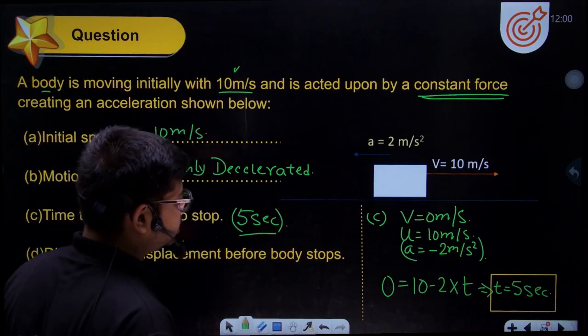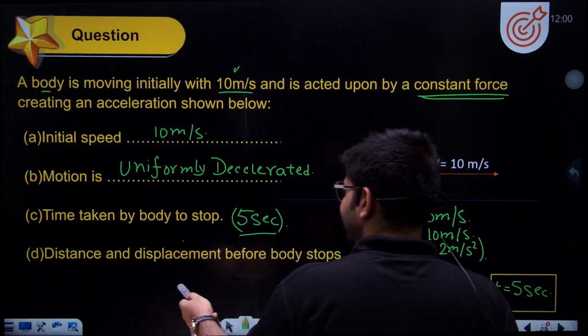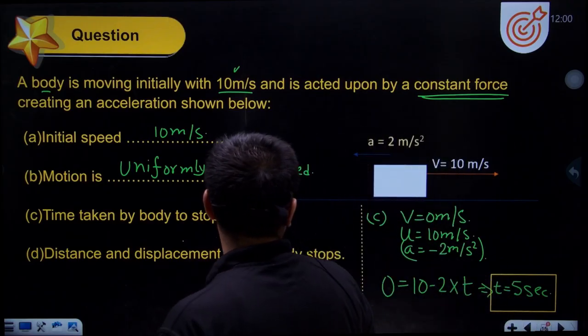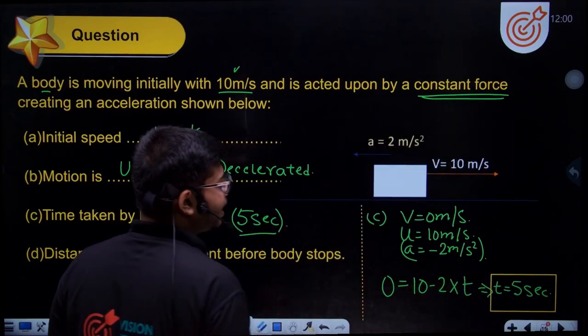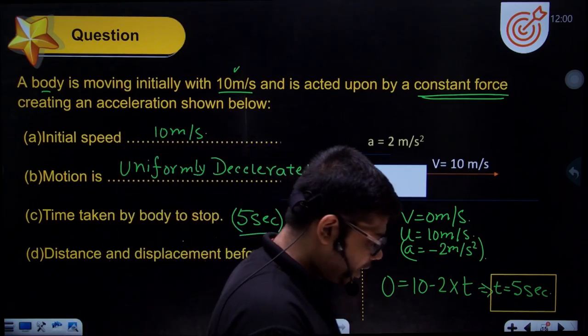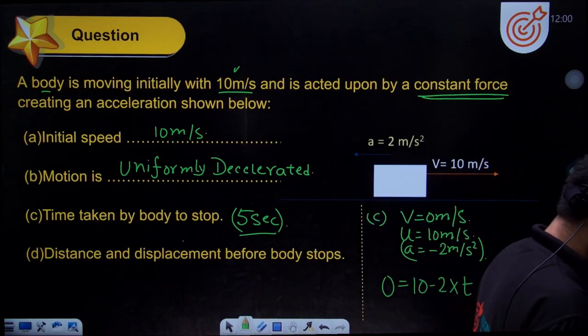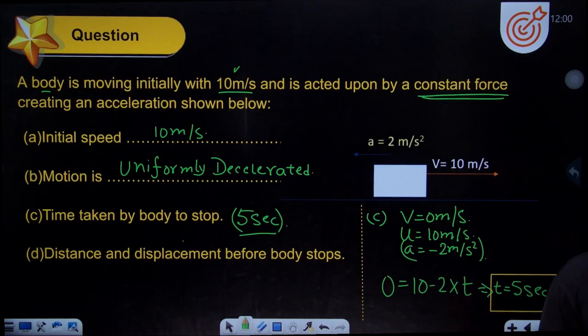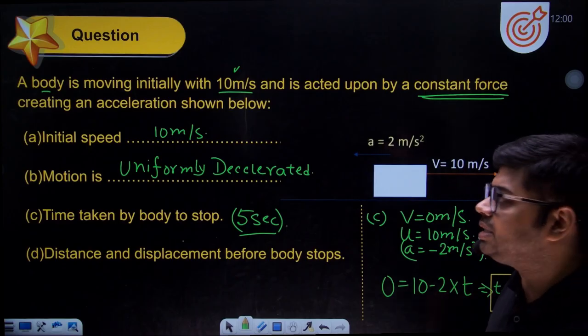Okay, so this is 5 seconds, and distance and displacement before the body stops. अब आपको पता है, टाइम भी पता है, तो डिस्प्लेसमेंट कितना होगा, s is equal to ut plus half a t square.